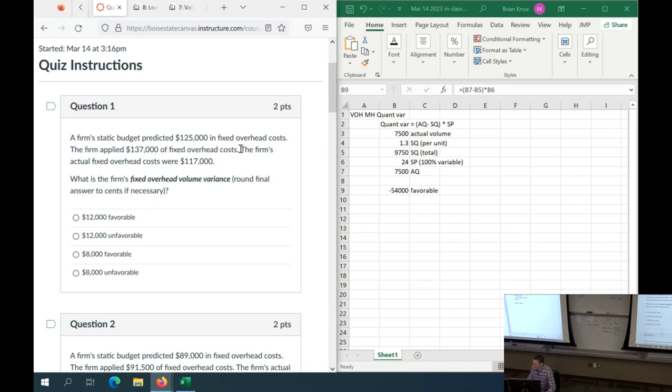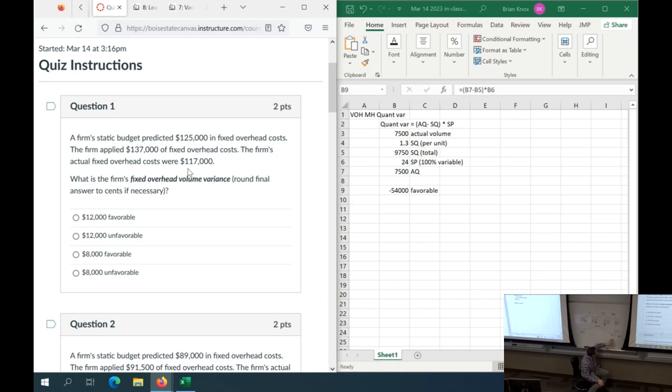When we count up our actual lease costs in the GL accounts, we have 117,000. Okay, so we have our three boxes here: 117,000, 125,000, 137,000. So just keep those instincts of I'm going to subtract two boxes in the order they appear visually to get the volume variance.